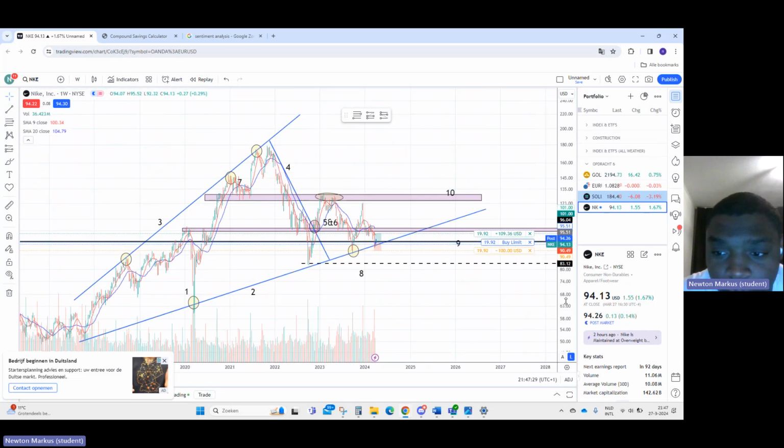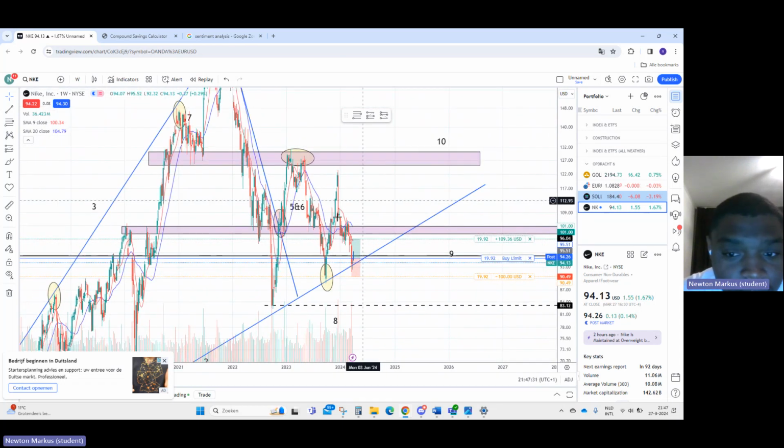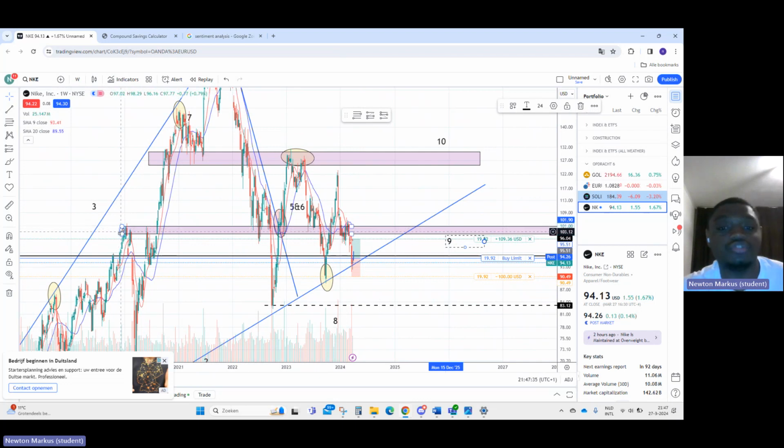So if we zoom in, you can see that number nine is a level where the structure is, just on the weekly chart. You can see that the price hit this structure level one, two, three, four, five, six. It broke here, but it pushed back up. Six, seven, eight, nine, 10, and you can go on.